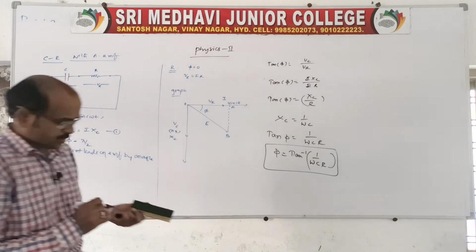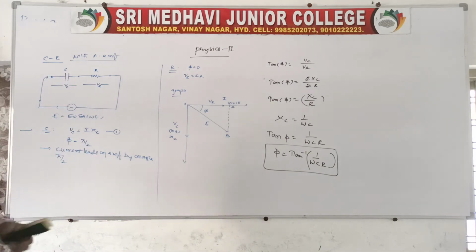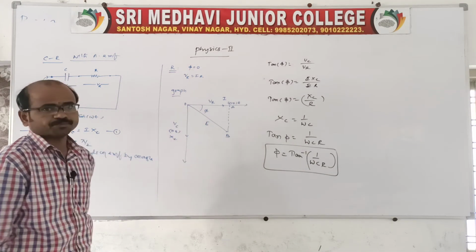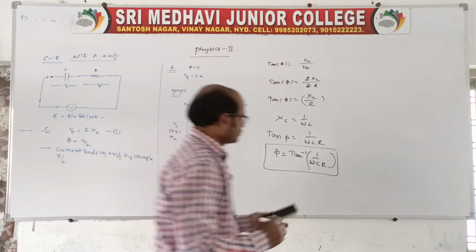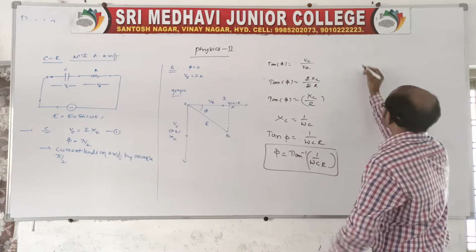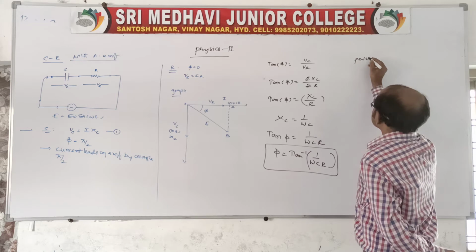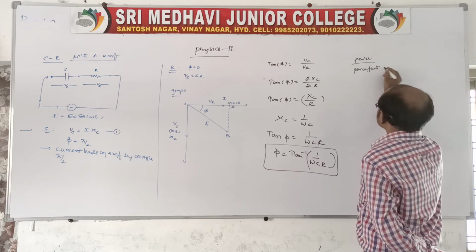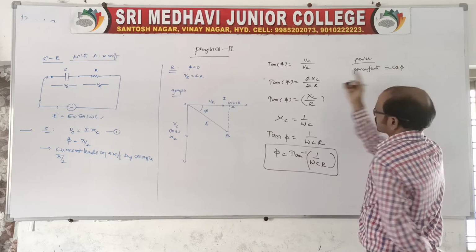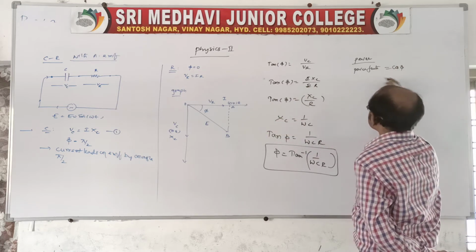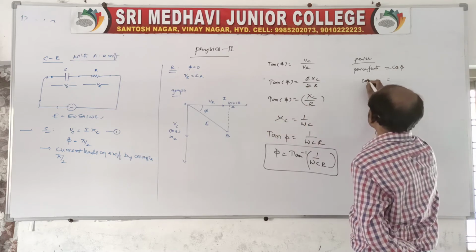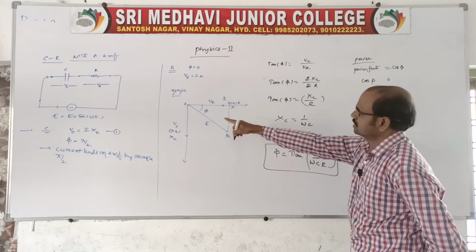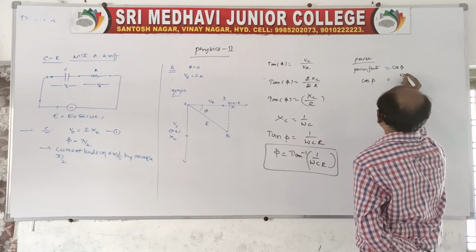So, this is related to the power factor. See, power related, that is, power factor, is equal to cos φ. From this, cos φ is adjacent by hypotenuse.